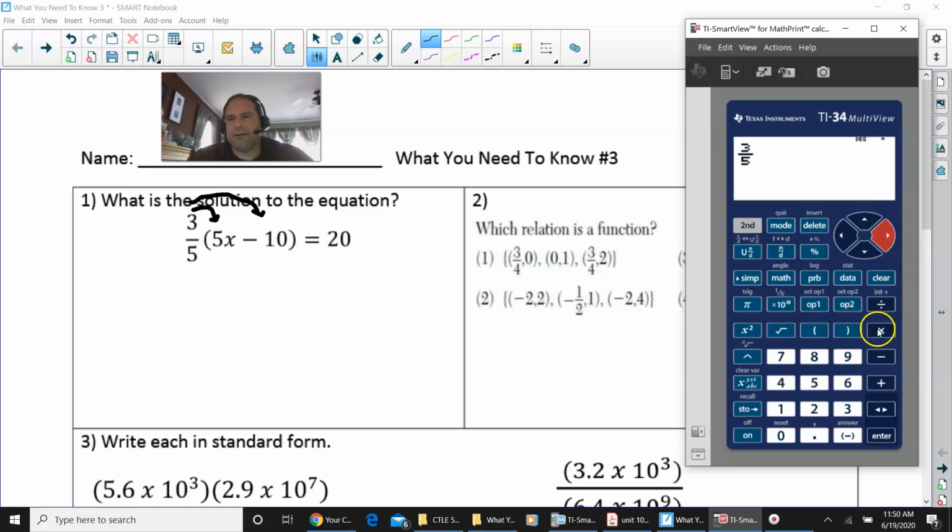And then you times 5, and it just makes it a lot easier to get that answer. So it's 3x. So now you press the same thing, it is 3/5 times -10. Enter, -6.